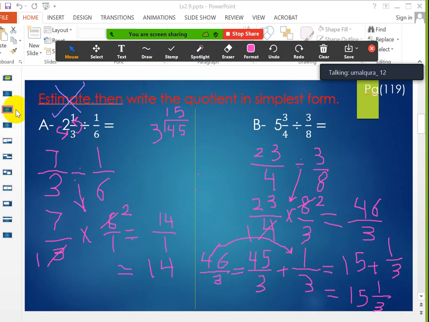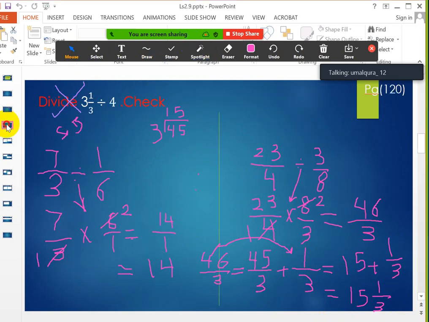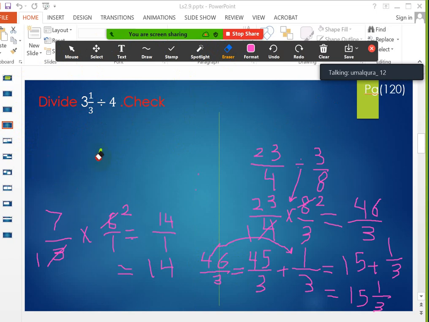So let's move to the example on page 120. Okay, so I want to find the answer for 3 and 1 over 3 divided on 4.